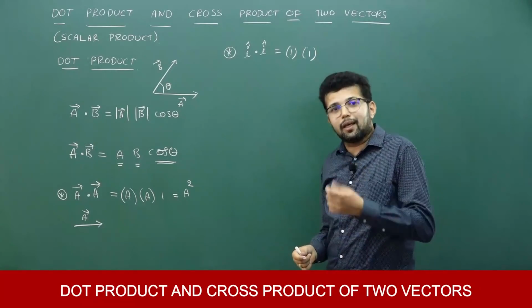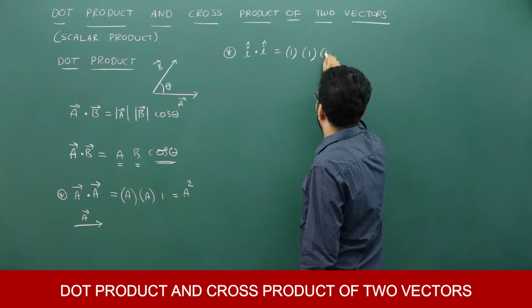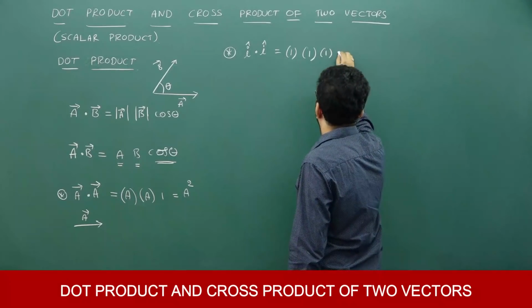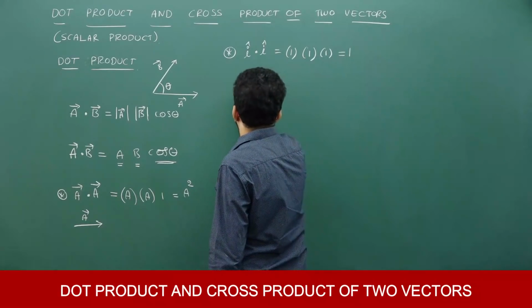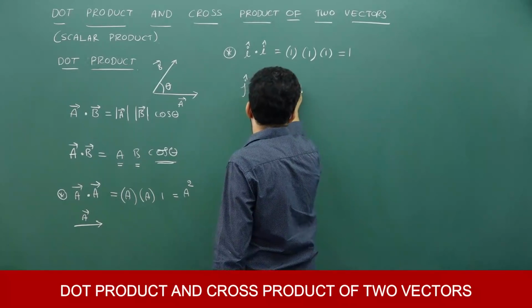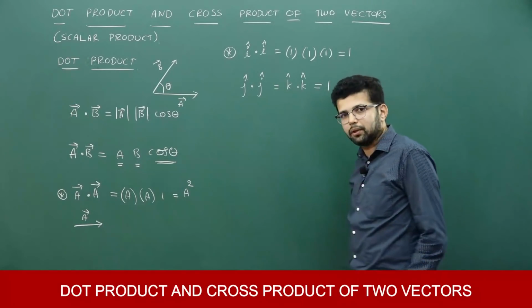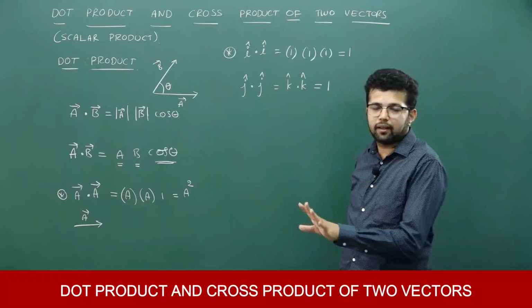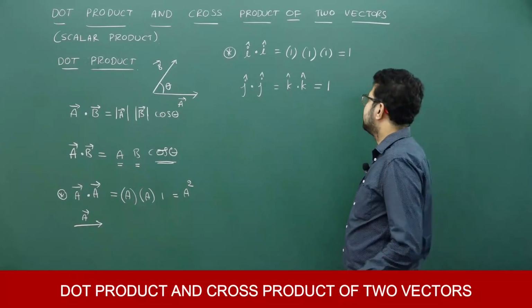What is the angle between I cap and I cap? It is 0, so cos 0 is 1. So, I cap dot I cap will be 1. Similarly, j cap dot j cap is equal to k cap dot k cap, which is also equal to 1, because the magnitude of j and k is 1 and the angle between j and j is 0 degree, cos 0 is 1.